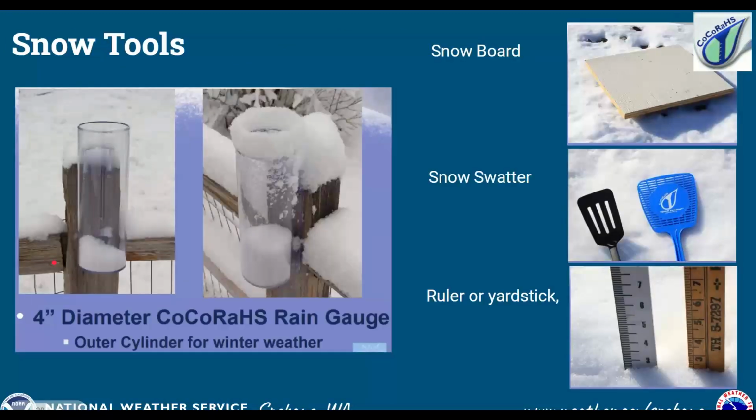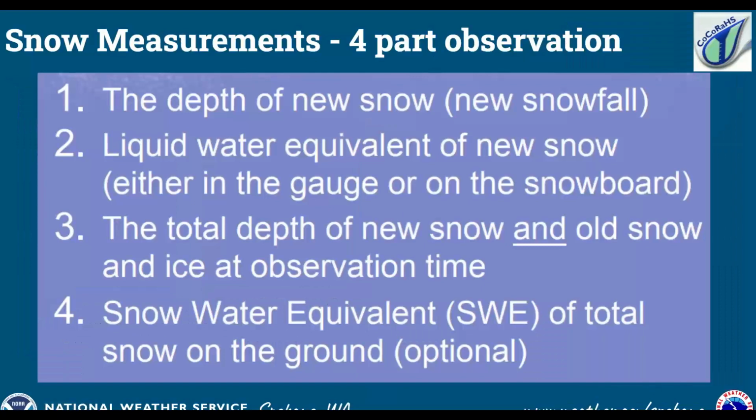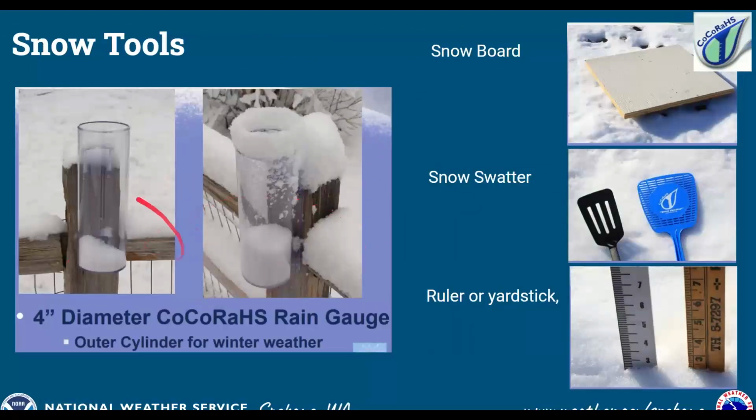So to review, what we need is a 4-inch rain gauge. You need a board, a snowboard that you put on the snow to measure that new snow that falls. A snow swatter that looks a lot like a fly swatter or maybe even a spatula. And then a ruler or a yardstick.